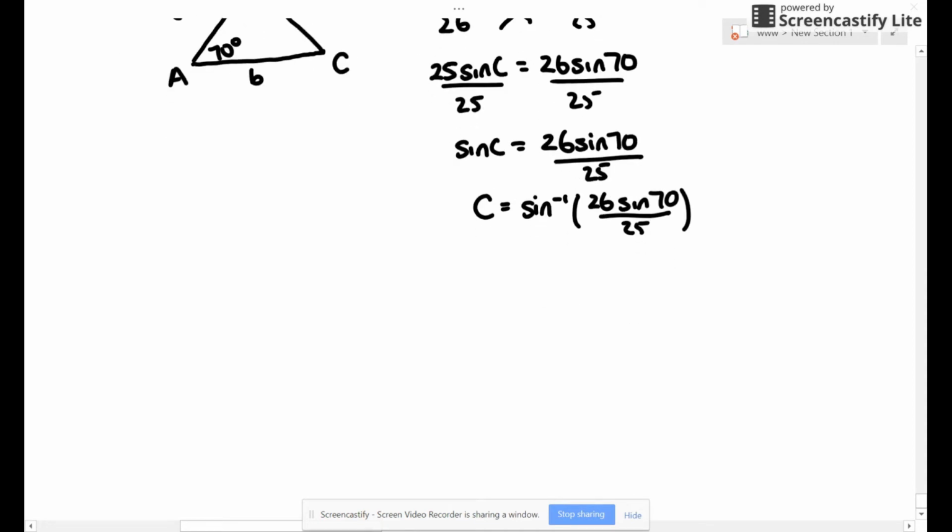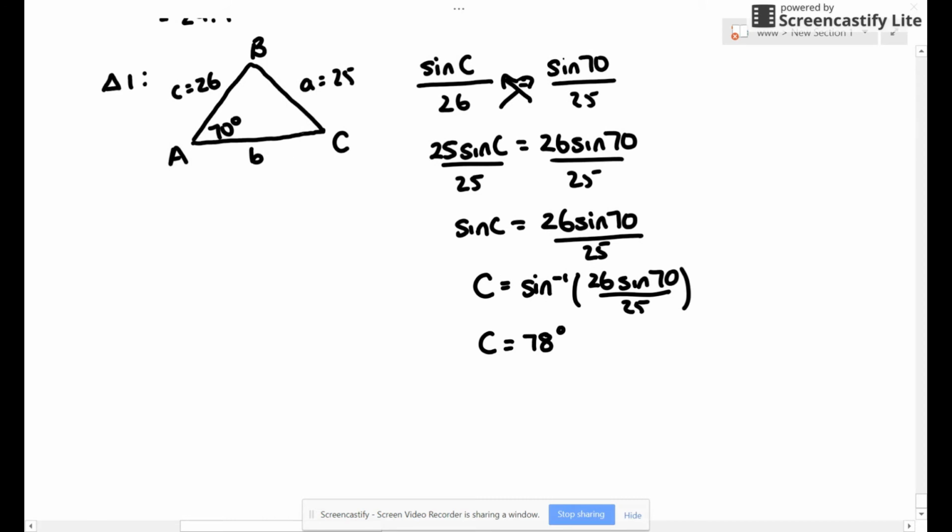All right, so let's type this into our calculator. So sine inverse of 26 sine 70 divided by 25. And I'm going to round it to the nearest degree. So my angle C is going to be 78 degrees here. All right, and now since I figured out that my angle C is 78 degrees, I can figure out angle B, no problem.